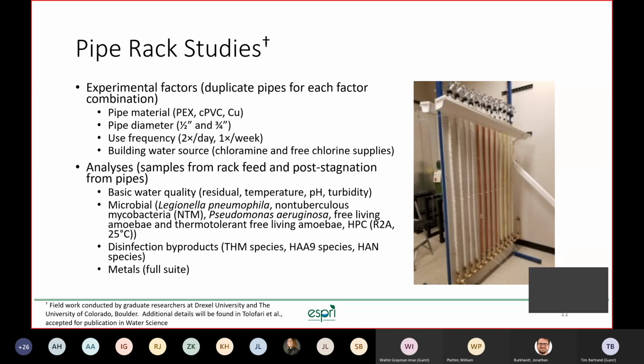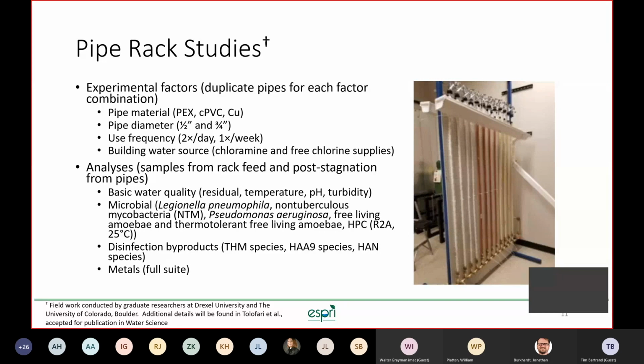And the pipe racks were identical. They were 3 materials, PEX, chlorinated PVC, and copper. 2 diameters, 1/2 inch and 3/4 inch. We used the pipes 2 times per day for half of the pipes and 1 time per week for half of the pipes. There were duplicates for each of these factor sets. And the building water source was different, as I said, 1 chloramine and 1 free chlorine system.